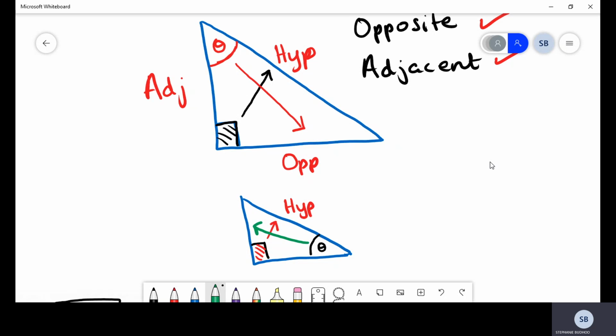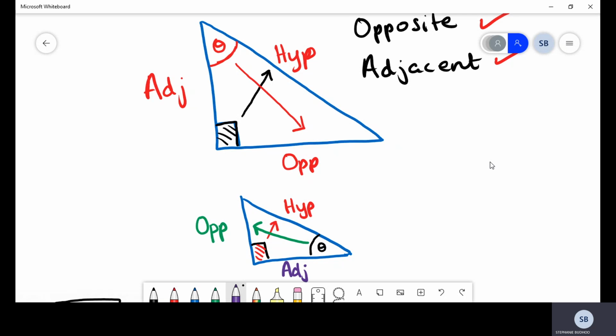Because our angle is opposite this side, then for this diagram, our opposite would be this line here. And then finally, by default, our last side, the adjacent, would just be that missing side that we have not yet named.